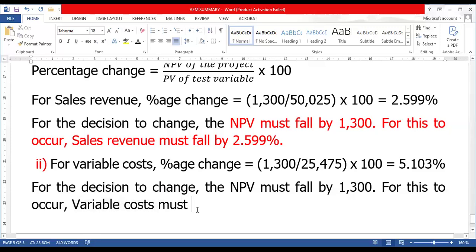So these must rise or increase by what? By your percentage, 5.103%. Okay, and you are done.